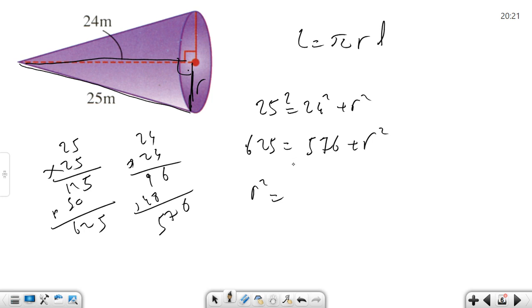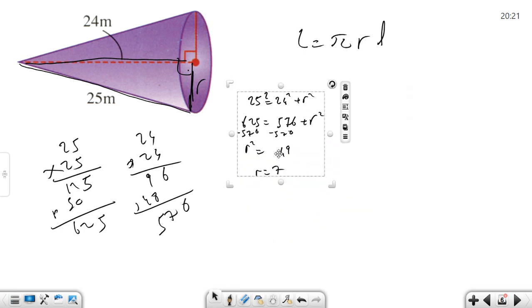Now subtract 576 from both sides: 625 minus 576 is 49. So r squared is 49, and r equals 7. Now I get the radius.